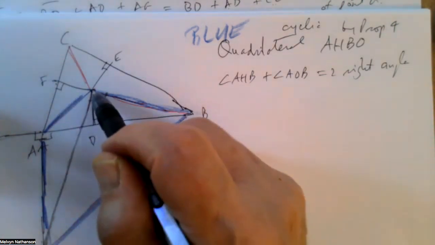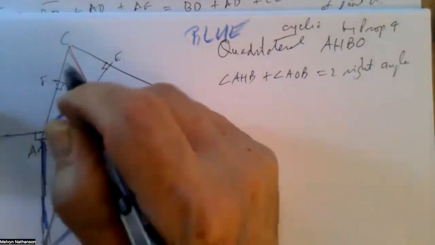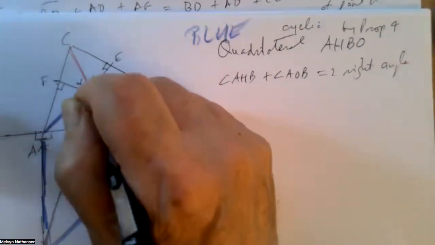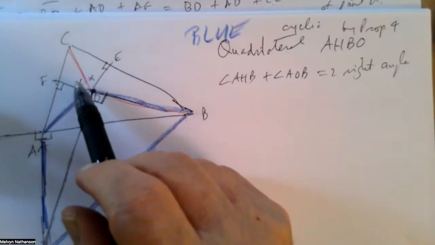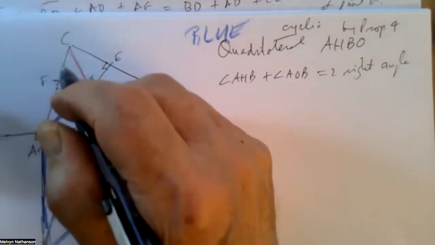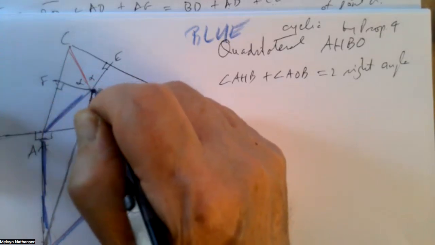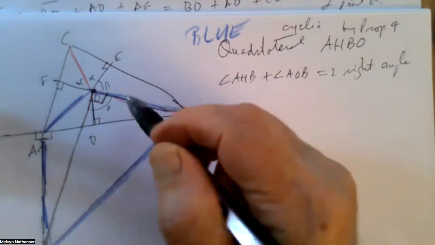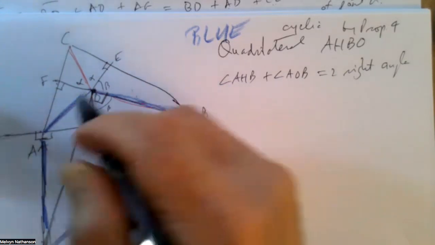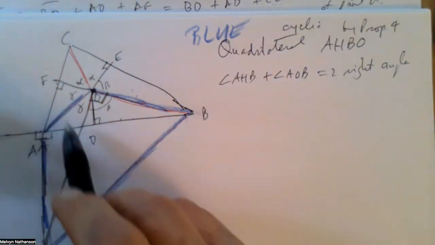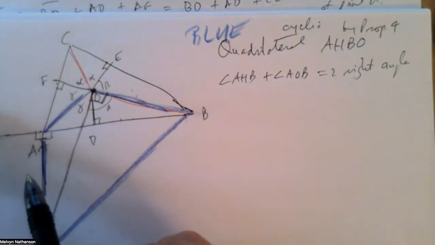If you look at the angles around the center, the incenter, this angle alpha and this angle alpha are equal, because these triangles are congruent. This angle beta and this angle beta are equal because these triangles are congruent. And these angles, call them gamma, are equal because these triangles are congruent.